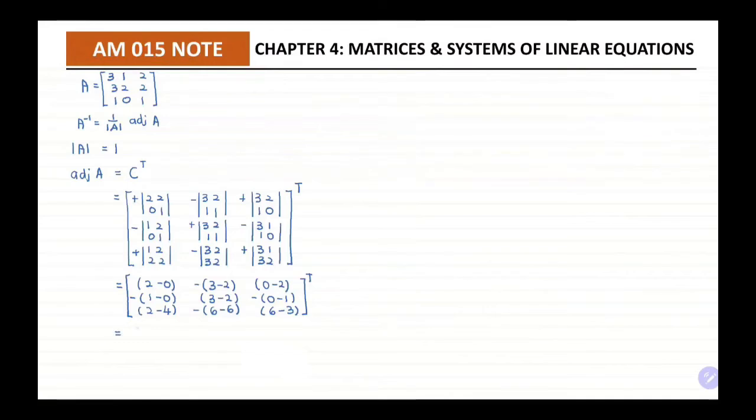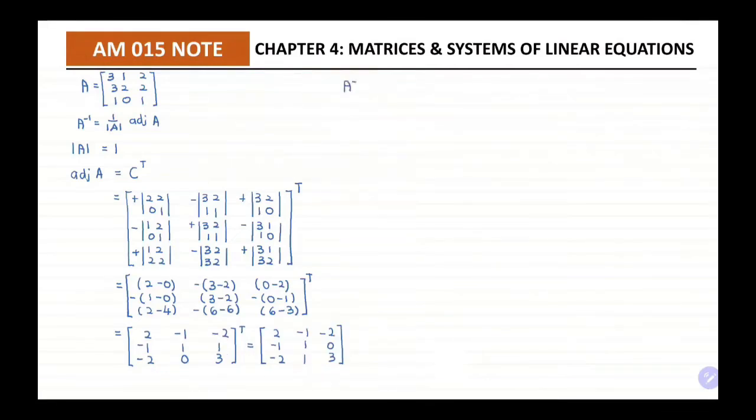Then we solve, we get 2, negative 1, negative 2, negative 1, 1, 1, negative 2, 0, and last 3. Then we transpose. Okay, we substitute into the formula.